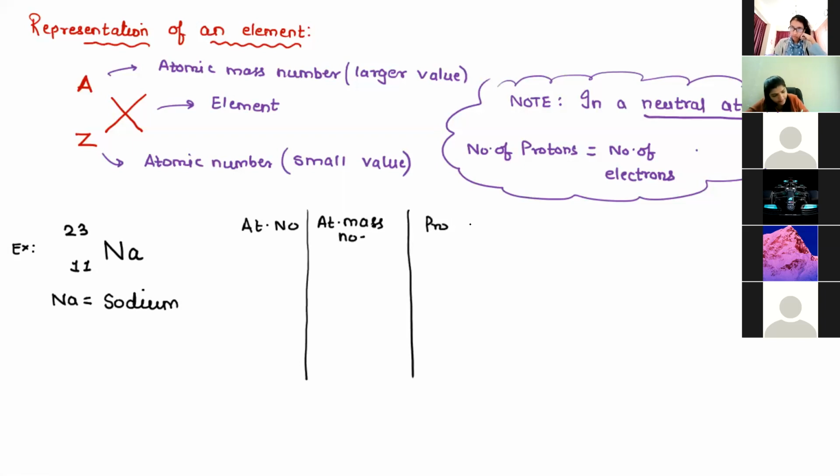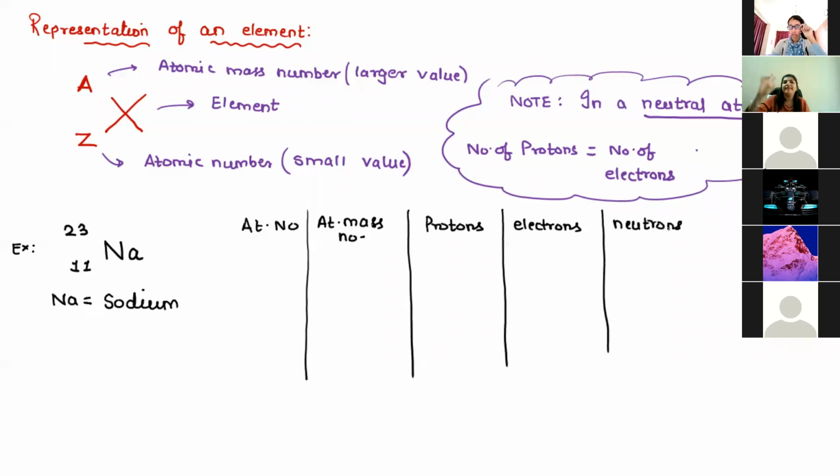protons, neutrons, protons, electrons, and neutrons. Between 11 and 23, which is the smallest number?